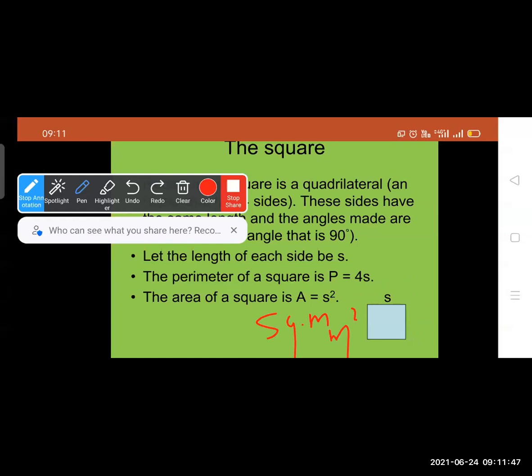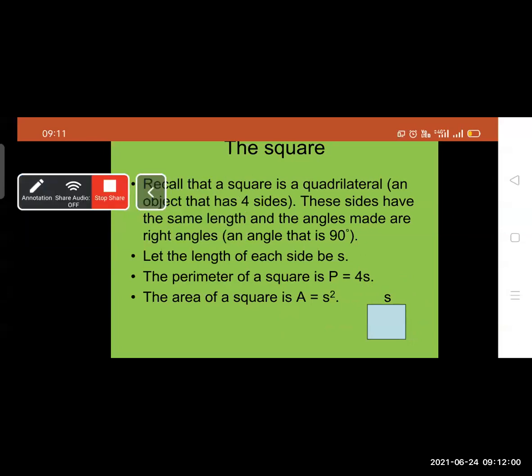That's why in the case of area we use square meter, and in the case of perimeter we write only meter. So we learned two formulas here. Perimeter of the square is 4S, and area of the square is S square. S square means side into side.